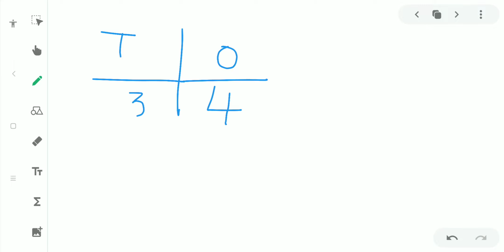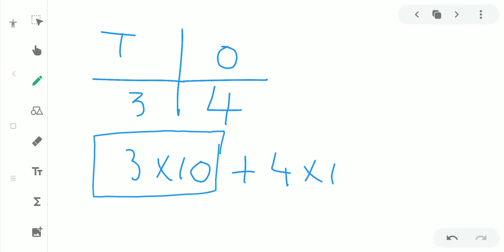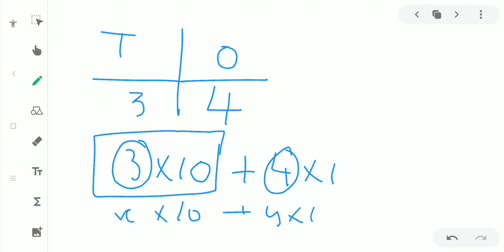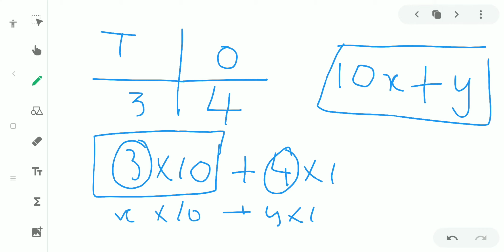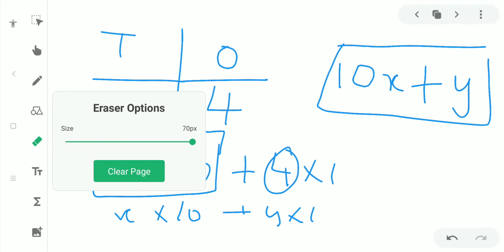So it is 30, because 30 is 3 into 10, plus 4 is 4 into 1. Now if 3 is x into 10 and 4 is y into 1, then 10 into x is 10x plus y into 1 is y. So this will be our 2-digit number.